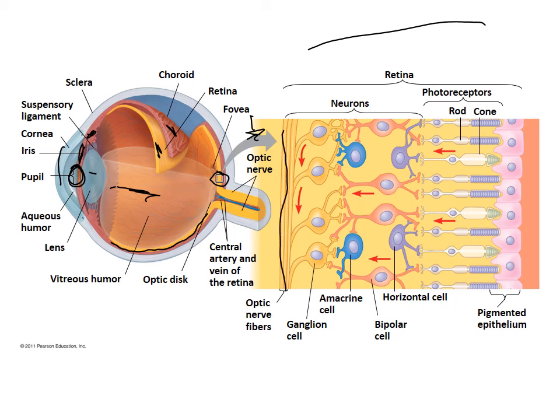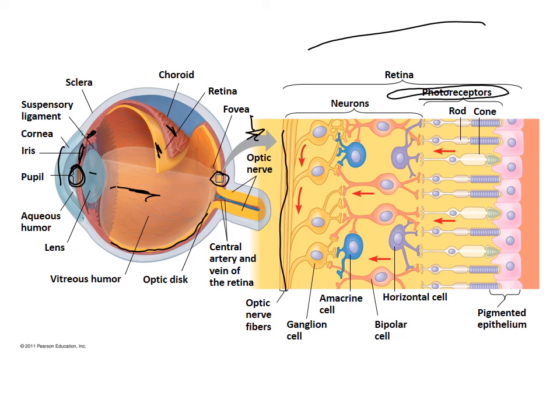The first thing the signal encounters is the nerve, which is sitting in front. These nerves and neurons are in front of the signal, and the receptors are behind the nerves. So the photoreceptors are the last layer, and there are two types.